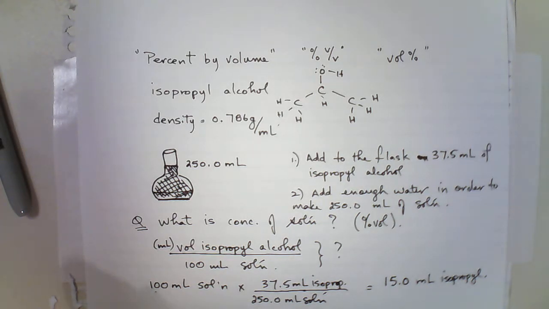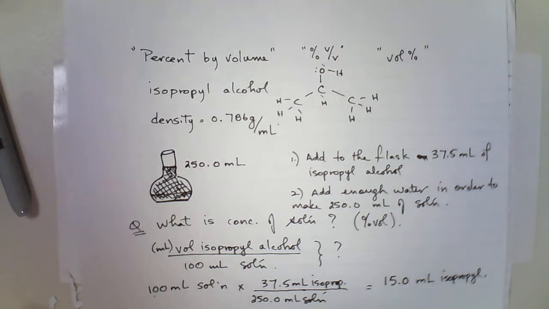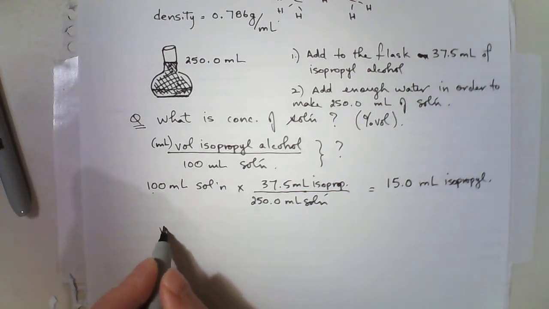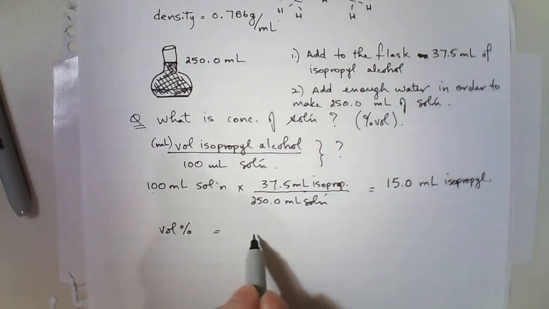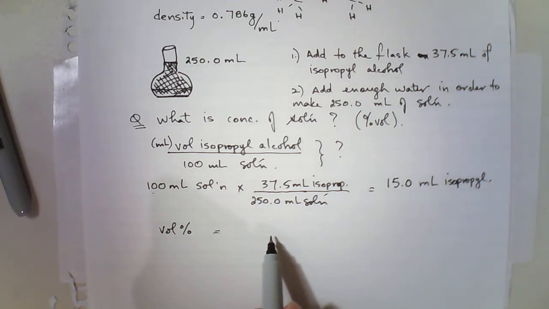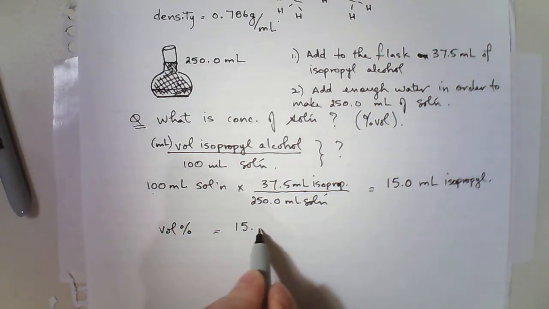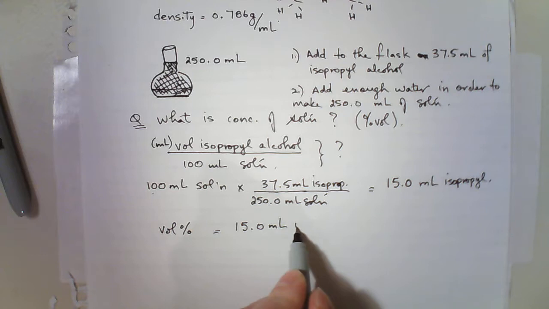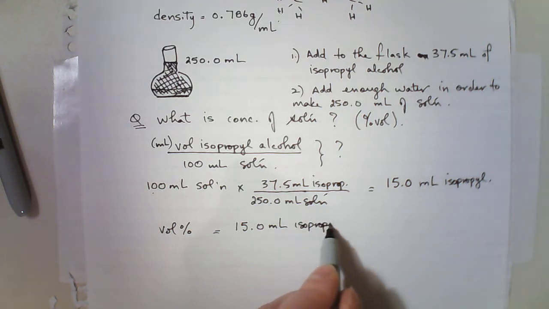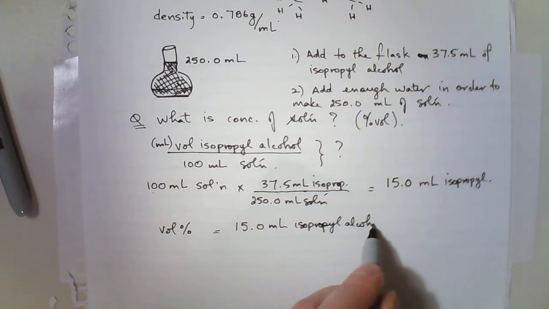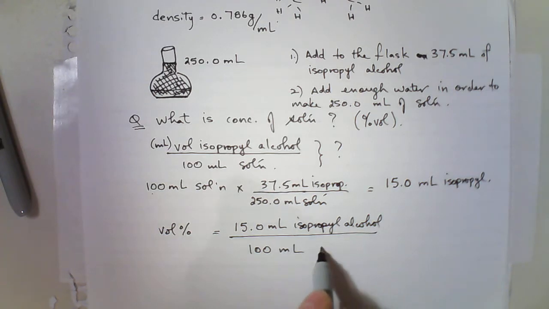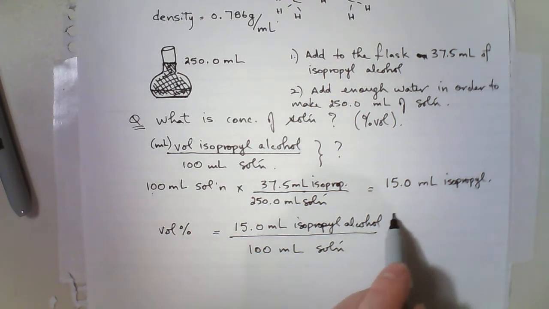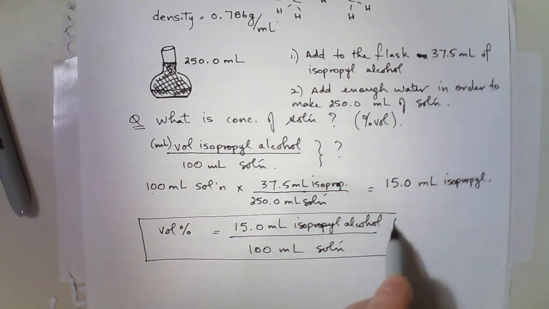So then what is my volume percent? Well, that's exactly the information I need to know. The percent by volume isopropyl alcohol in this solution is the number of mils of isopropyl alcohol in 100 milliliters of solution. So I have 15.0 milliliters of isopropyl alcohol in 100 milliliters of solution.